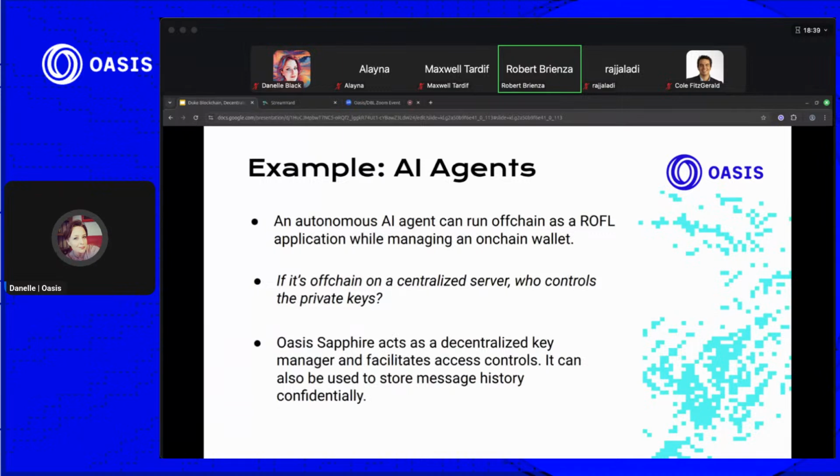Well, one way you can kind of improve on this is to say that if we have, let's say, Oasis Sapphire, you have this on-chain decentralized persistent storage of data that can go inside of smart contracts. And so you can do things like having a decentralized key manager, and that lets you facilitate access controls.